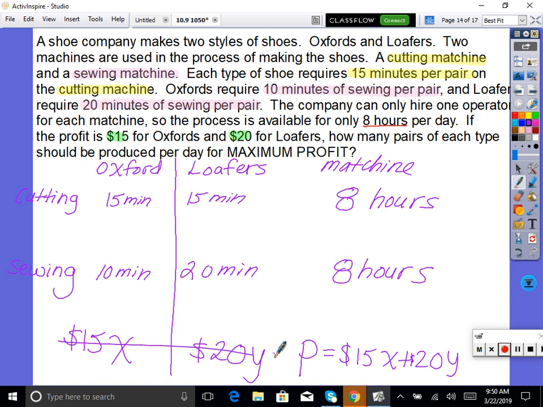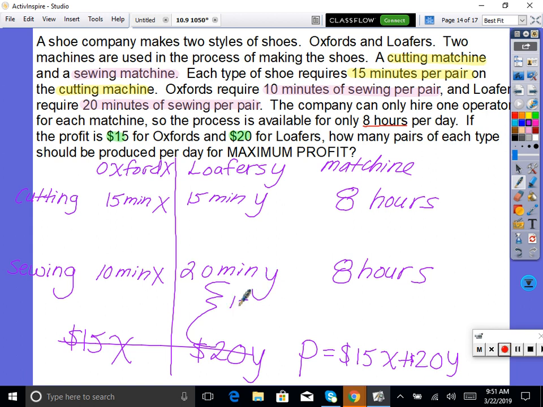So now we've got to set up an inequality here. So what stood for X? Oxfords. Didn't we say Oxfords? So Oxford is X, loafer is Y. So think about it. This is all Oxford stuff, isn't it? So this gets an X, this gets an X. This is loafers, Y, Y. So now what would be a true statement?